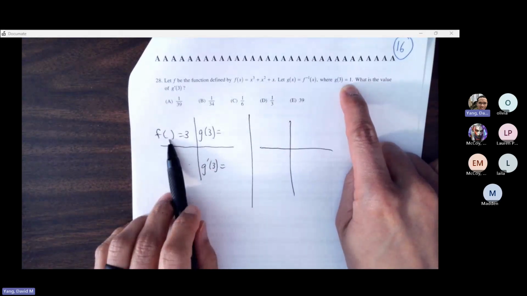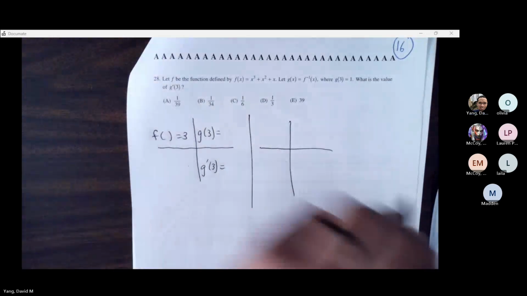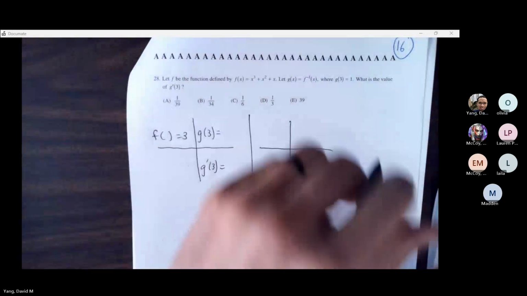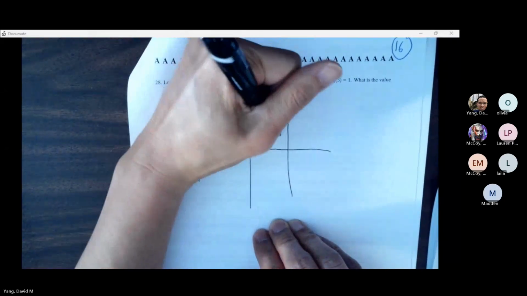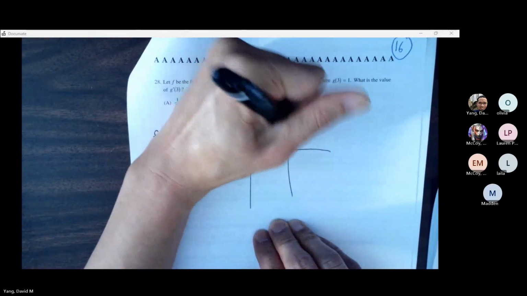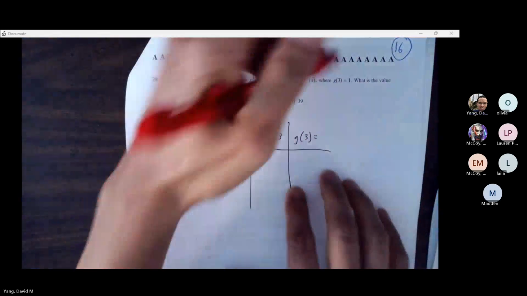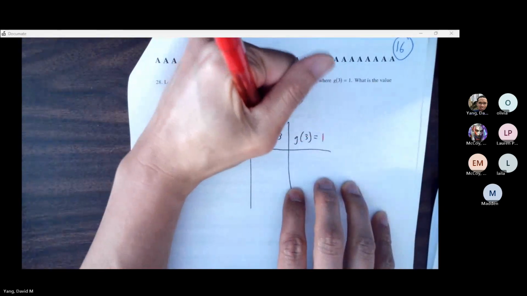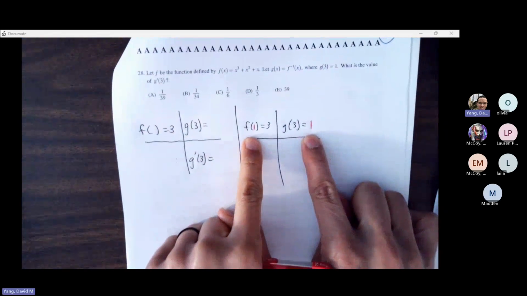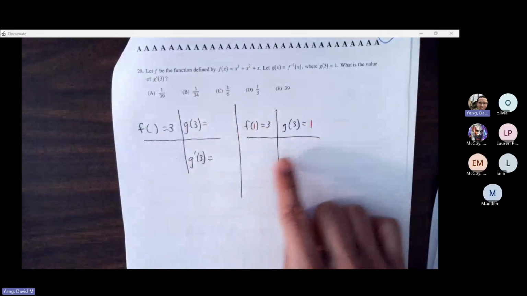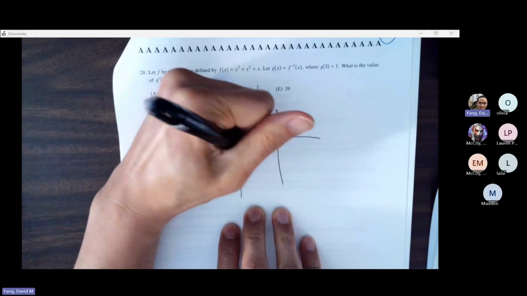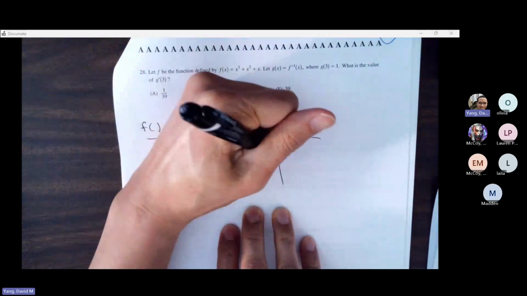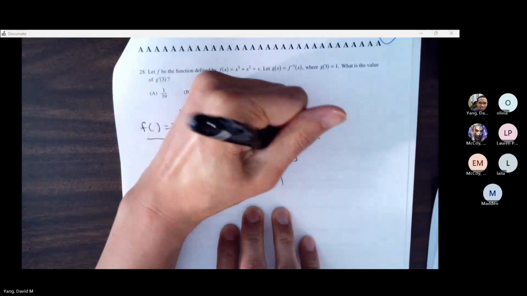That means that f of 1 must be equal to 3, because of the flip-flop ordered pair relationship. So now if I have f of 1 equals 3, if I can figure out what f prime of 1 is, then that will lead me to my answer.